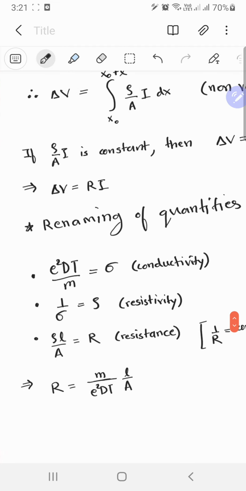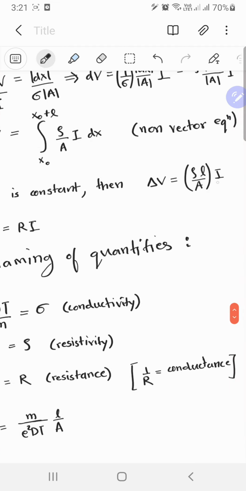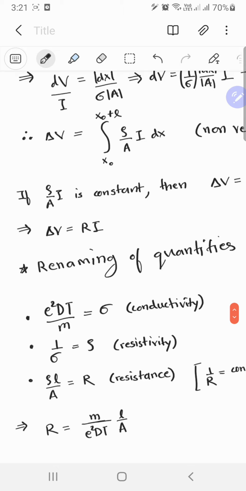Cool. So once again, writing this rho L upon A as another constant, we can write delta V equal to capital R capital I. So capital R is the resistance.